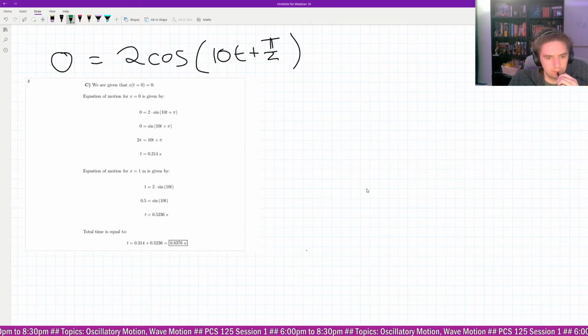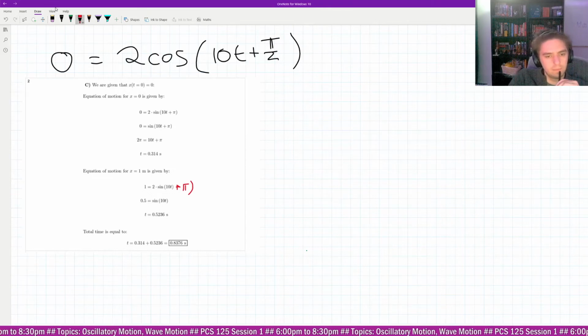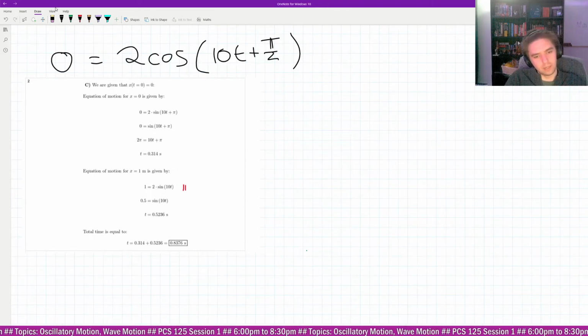Exactly, right? But also look here. All of a sudden they don't use the phase shift. There's no plus pi here. Why would they drop it?